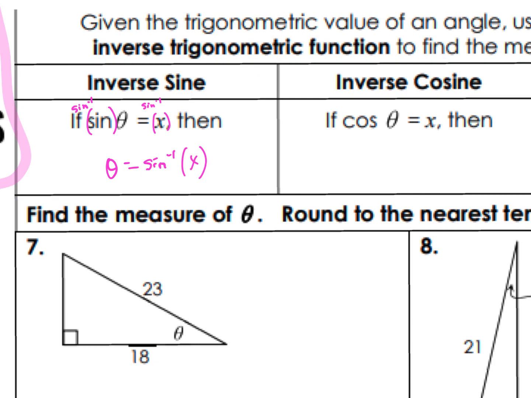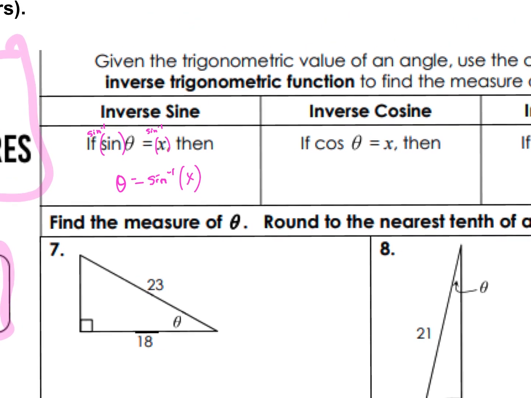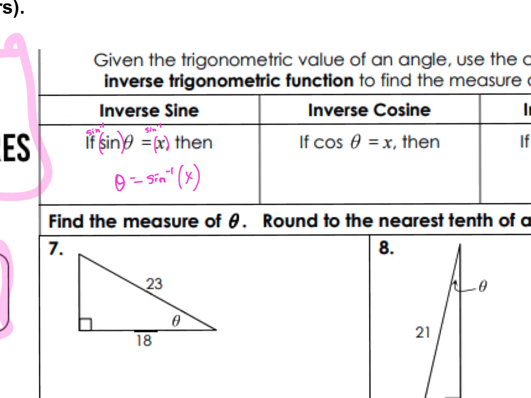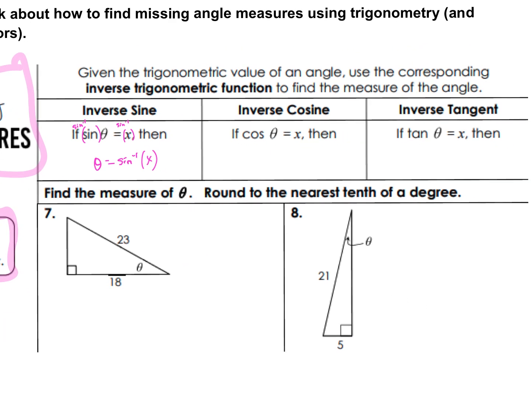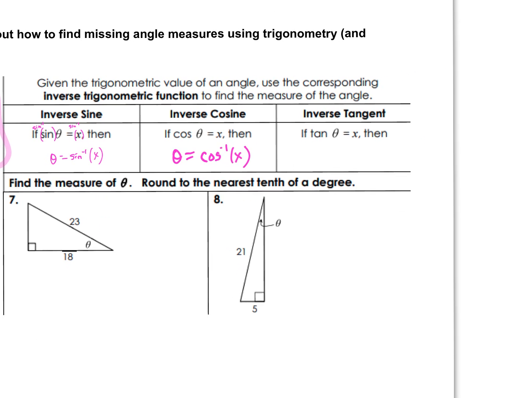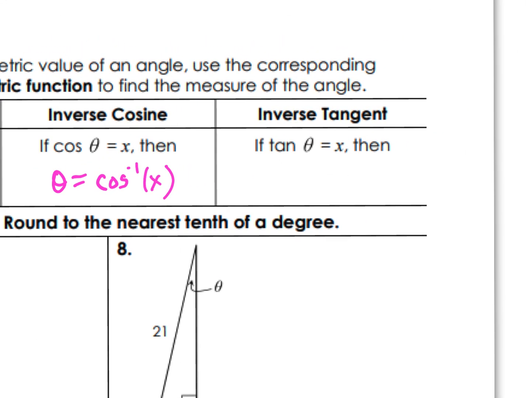All right, so for that instance, we're doing inverse sine. In this particular example here, we would have that theta is equal to the inverse cosine. Guys, you need to make sure you see where these inverse trig functions are on your calculator. Most graphing calculators do not have the inverse reciprocal functions.